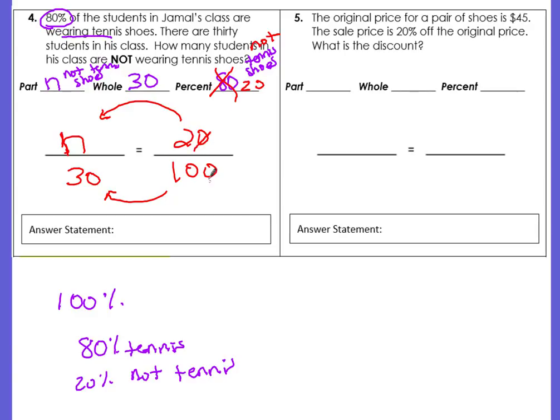They both end in a 0, so I can cross them out. Now can I turn 10 into 30? Sure. Multiply by 3. Do the same thing to the 2. Multiply by 3 and you get 6. Write your answer statement. Answer the question. How many students in his class are not wearing tennis shoes? 6 students are not wearing tennis shoes.